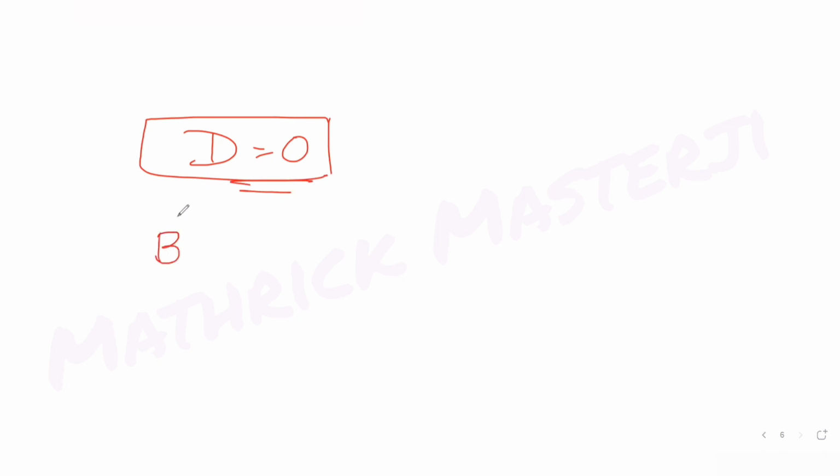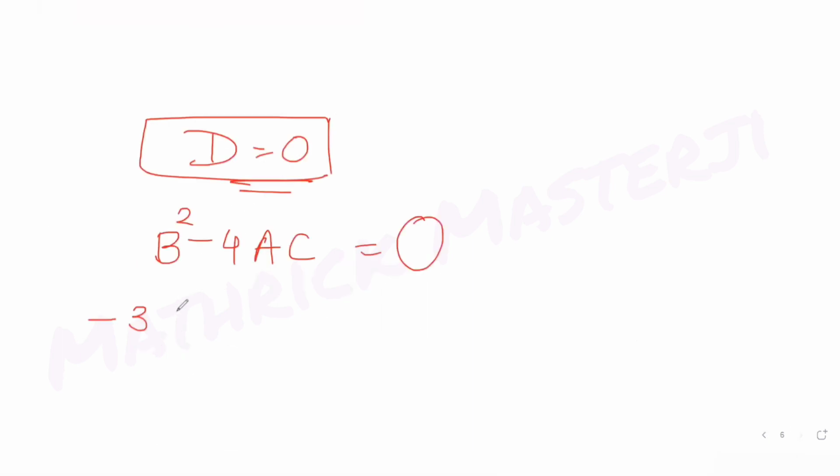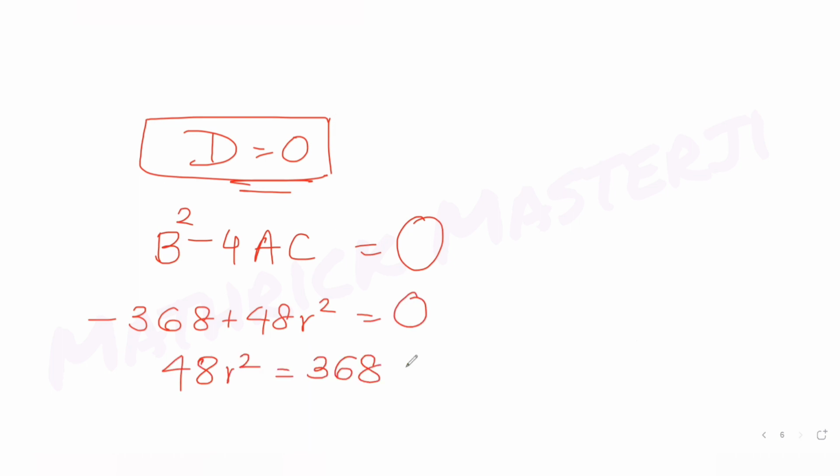So you take b square minus 4ac, which you found out, and equate that with 0. That was minus 368 plus 48 r square is equal to 0. So if you solve for that, you get 48 r square is equal to 368.